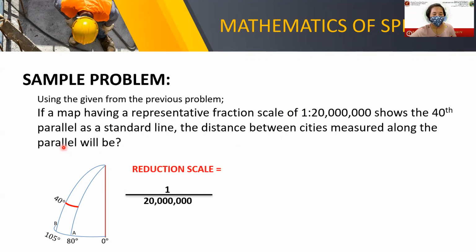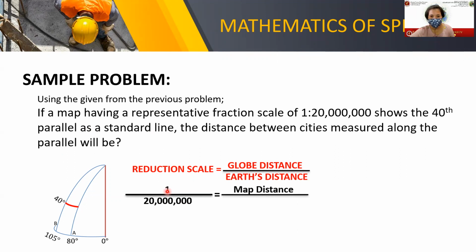Just employ the reduction scale, which is equal to globe distance over Earth distance. Since we already solved the Earth distance in the previous problem, the reduction scale of 1:20 million is equal to the map distance over the Earth distance at the 40th parallel.